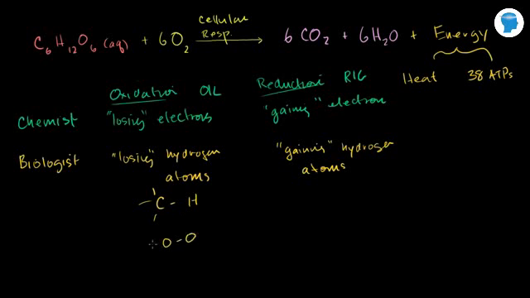I'm doing a very hand-wavy explanation here, and maybe that oxygen is bonded to something else. If this is what I start off with, and then on the other side of this equation, I end up with something that looks like this, where the carbon is bonded to an oxygen, and maybe that other oxygen is bonded to this hydrogen. The biologist will say, oh, this carbon has been oxidized because it lost its hydrogen, right?